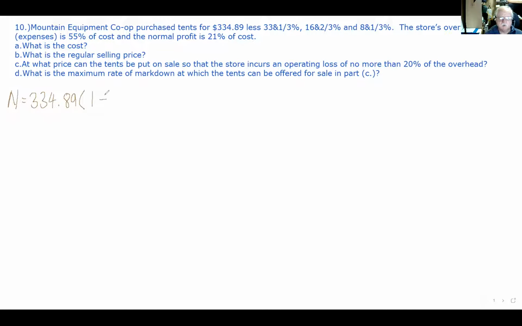So 1 minus, and they want you to be looking at that table, which gives you what they call commonly known fractional equivalence. 33 1/3%. When we turn it into a fraction, what is that?